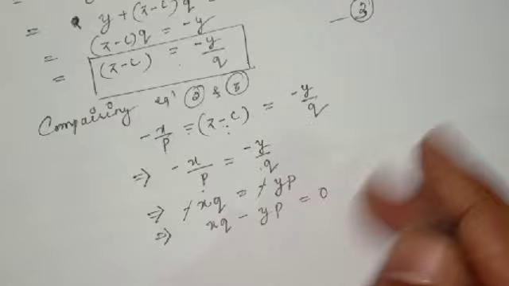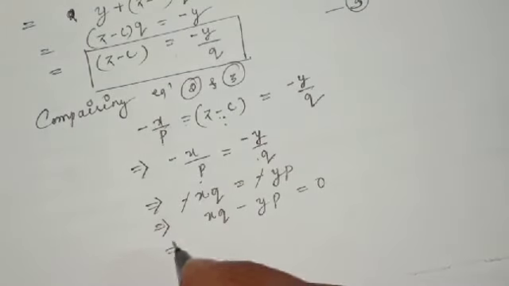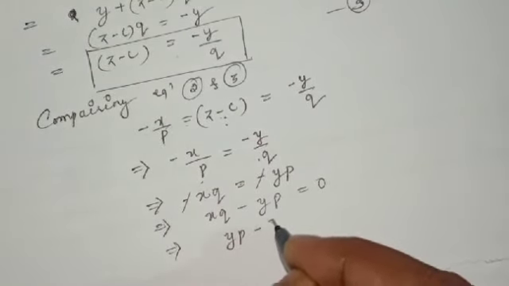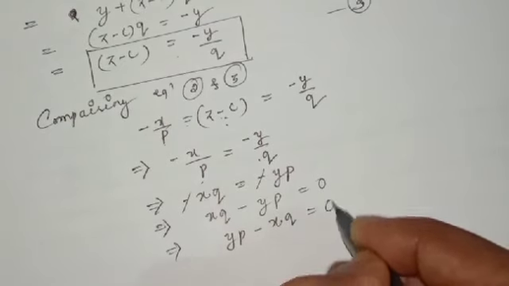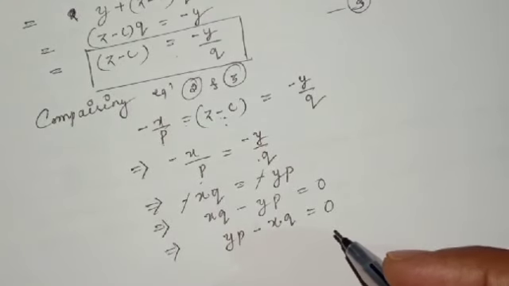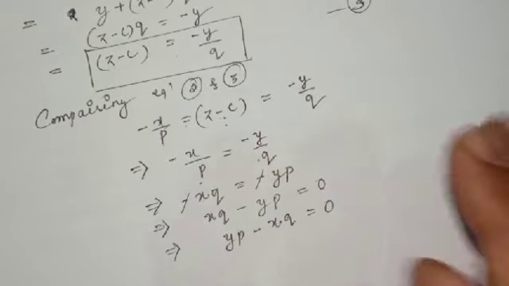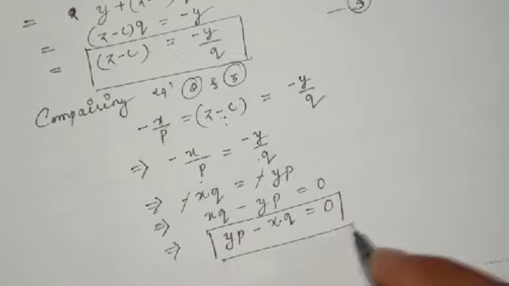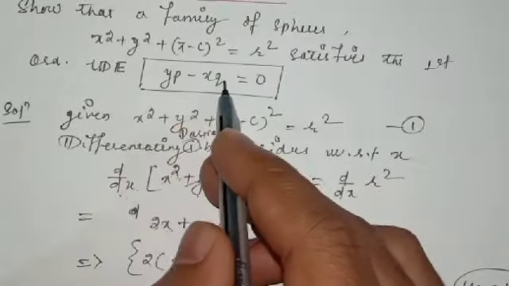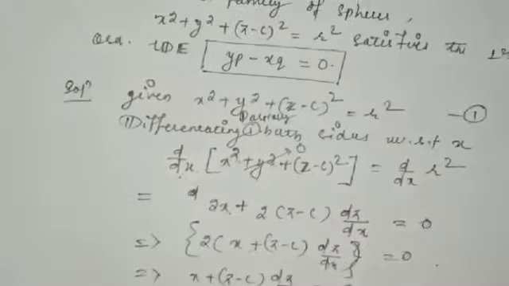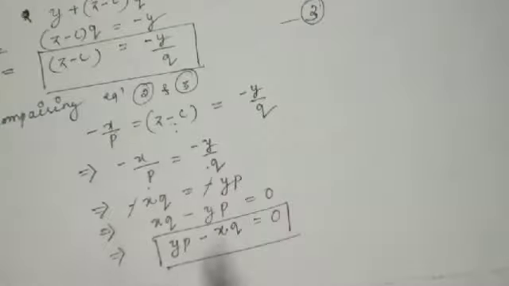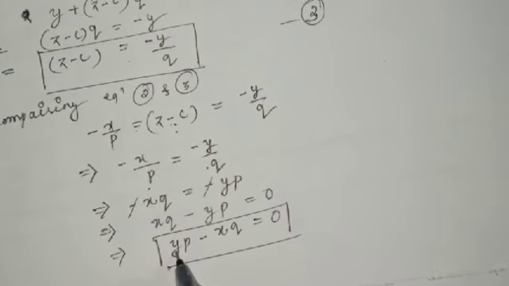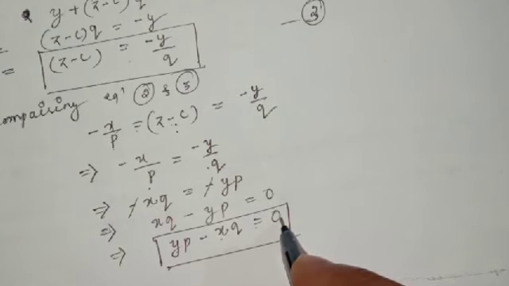It is the same as yp minus xq is equal to 0. Here we have the same line, it is given yp minus xq is equal to 0, and here we got the same value, yp minus xq is equal to 0.